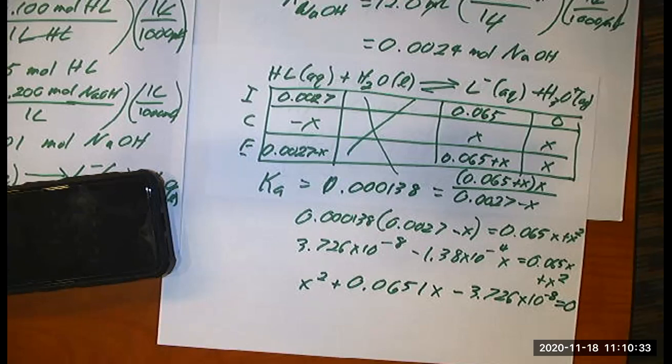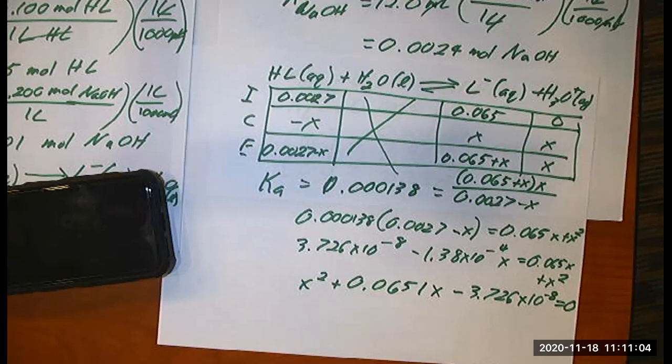So our A coefficient is 1, our B coefficient is 0.0651, and our C coefficient is negative 3.726 times 10 to the negative 8.